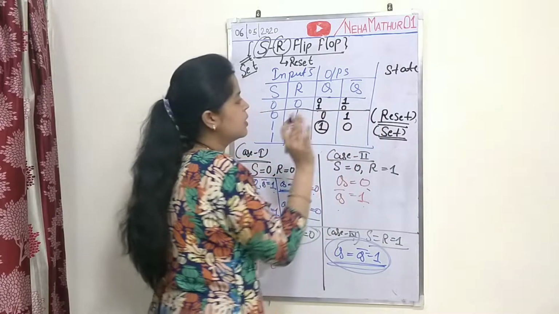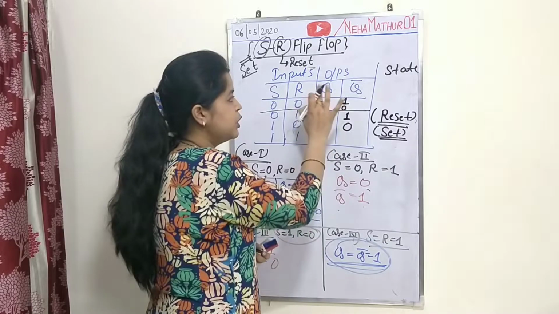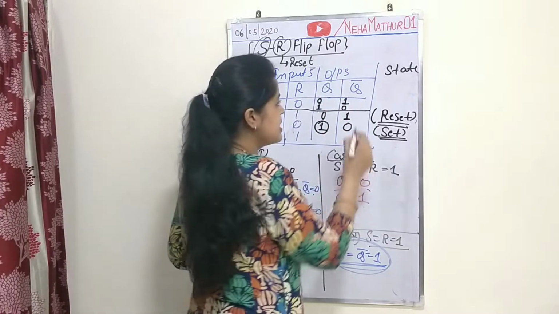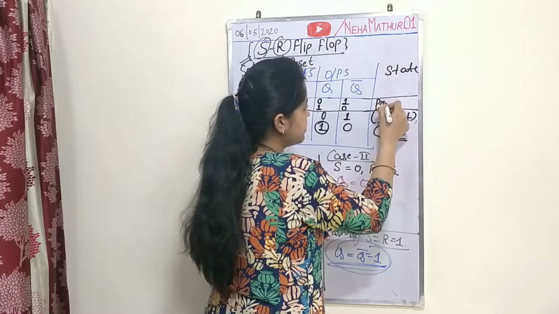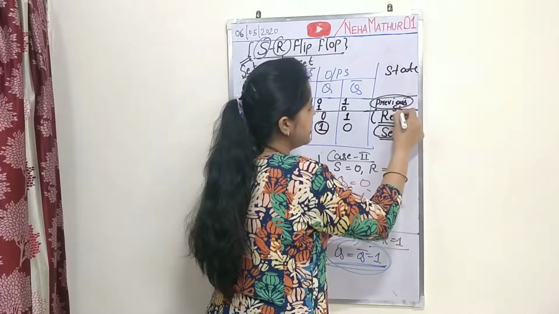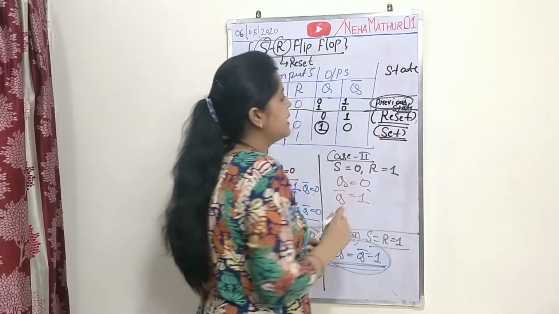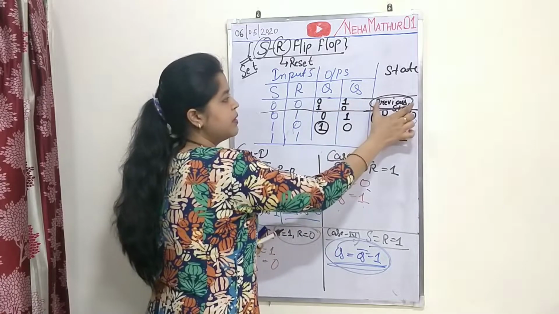So there is no possibility to directly calculate Q and Q bar in the first case. This is the reason this case comes under the previous state condition.